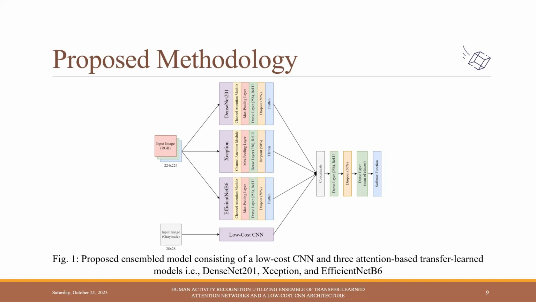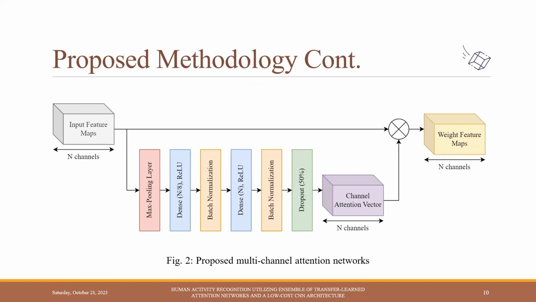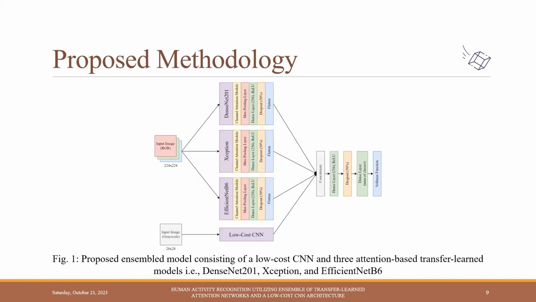this image to three transfer learning networks. We can see that the first network we have used is DenseNet 201, the second one is Xception, and the third one is EfficientNet V6. Now you may ask why these three only. So here is the basic reason: DenseNet 201 architecture is very close to our brain, which has densely connected neurons.